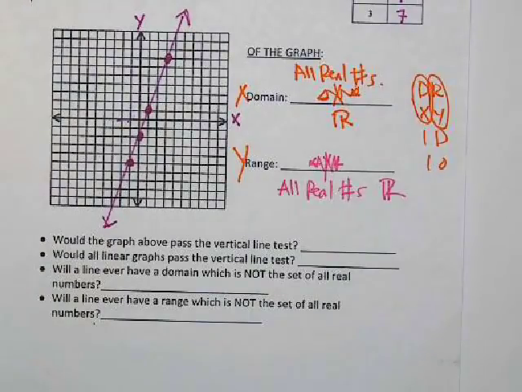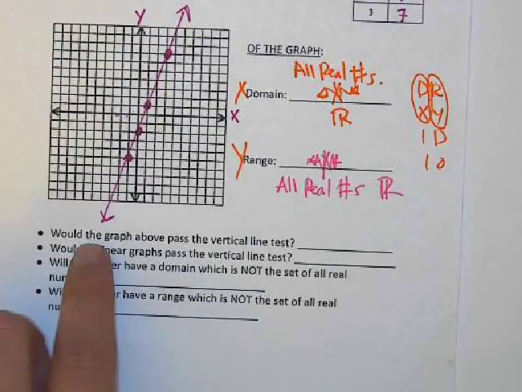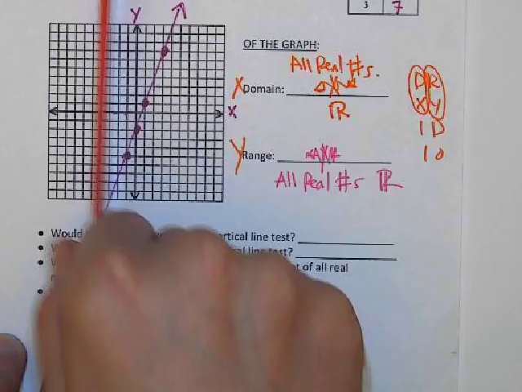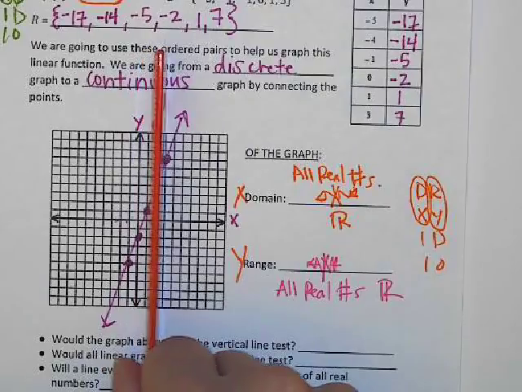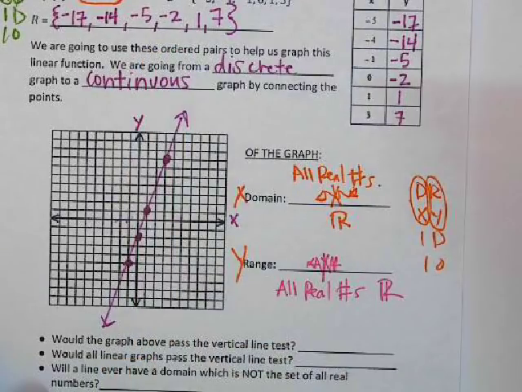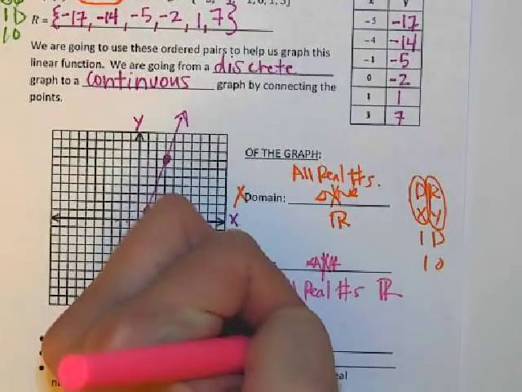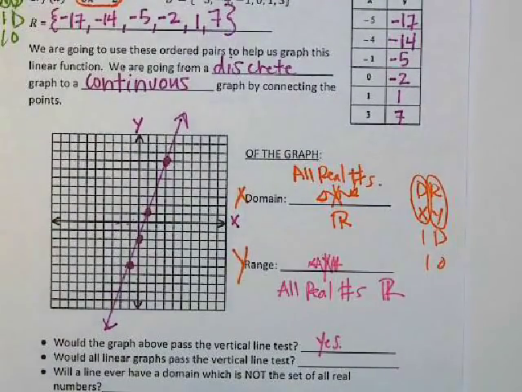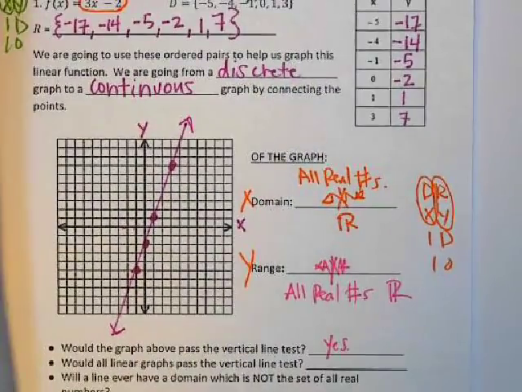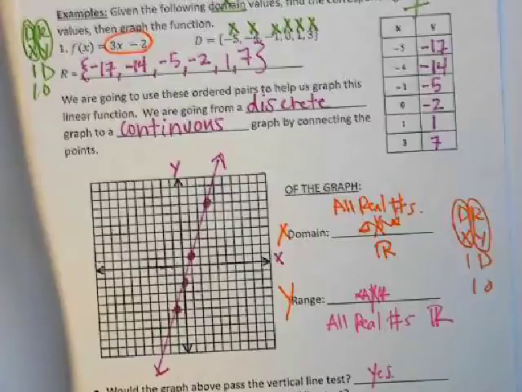All right. With this, could I draw? It only hit 1 time. Yes. Would all linear graphs pass the vertical line test? No. Would all straight line graphs? Yeah. Well, what if they're like up and down? Okay, let me do this. Straight line. If it's a straight line, it will pass it.